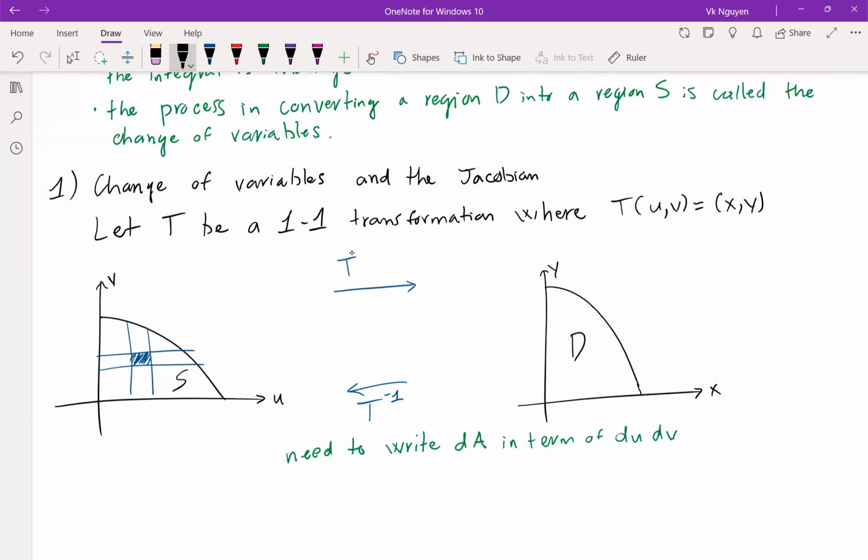This sample rectangle here is in the uv plane, so for the area, it is just du and dv.